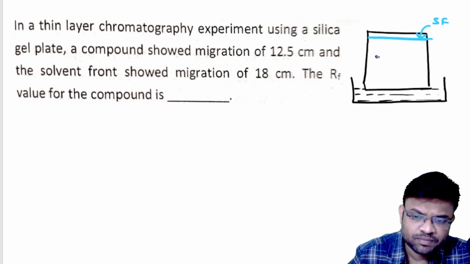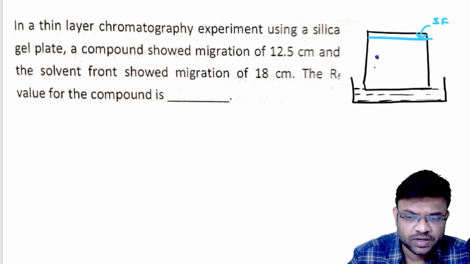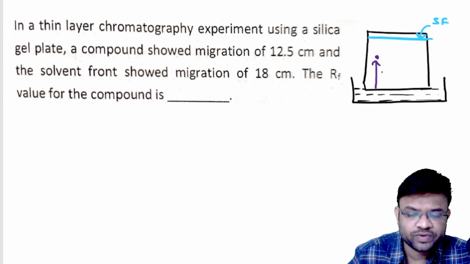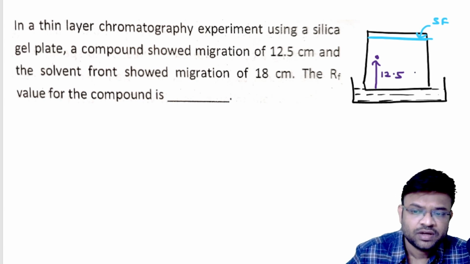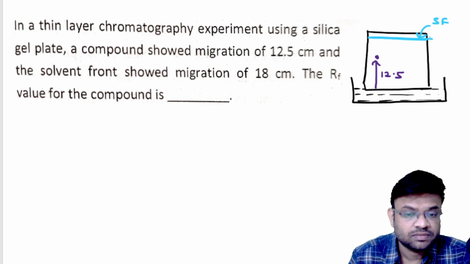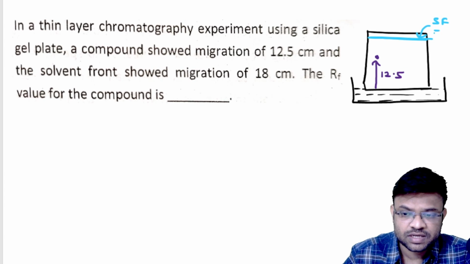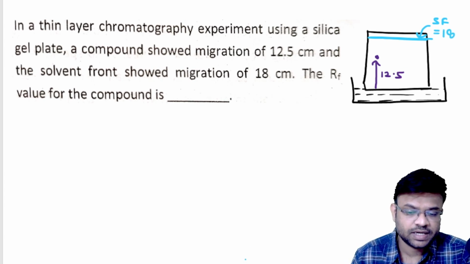Let us say that the compound migration was here. This is the compound migration, and it has been given as 12.5, and the migration of the solvent front was given as 18.